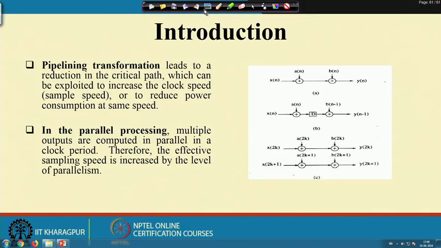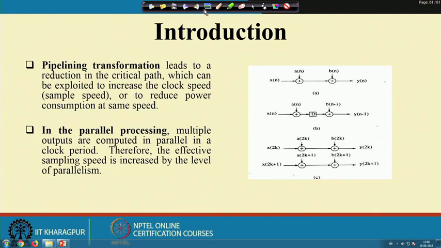Whenever we are talking about this, there are some terms which are very much associated with pipelining and parallel processing things. One is latency. What is latency? Latency is the time requirement from applying the input to getting the output, how much clock period I need to wait.